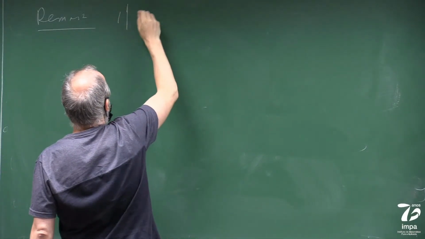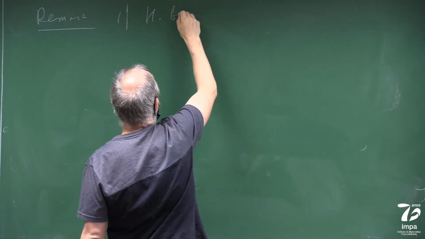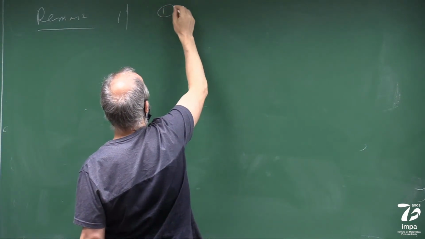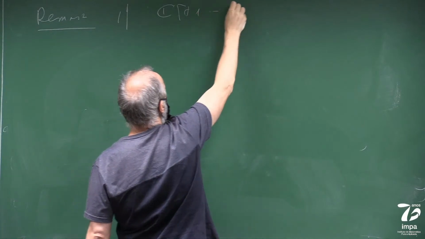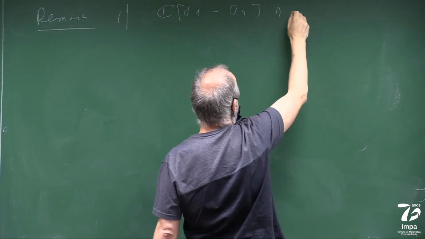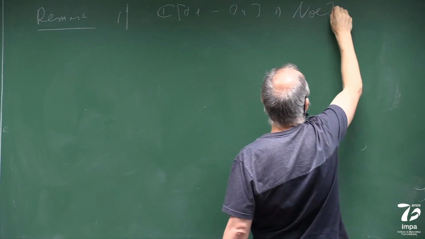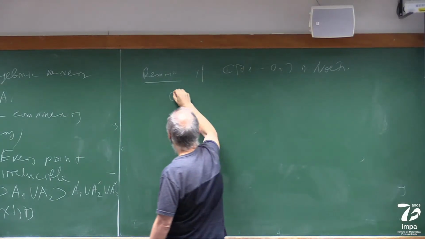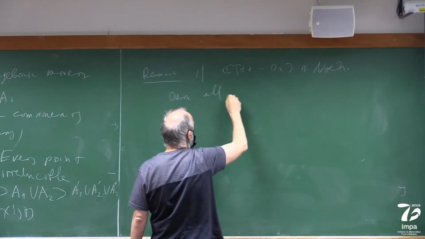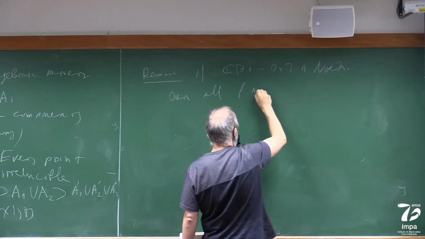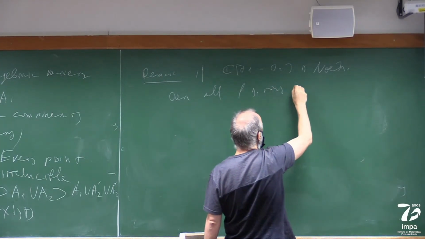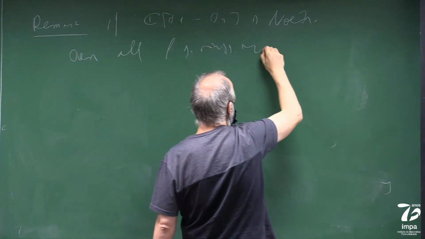If the Hilbert basis theorem holds, so if C[T1, ..., Tn] is Noetherian, then all finitely generated rings are Noetherian.